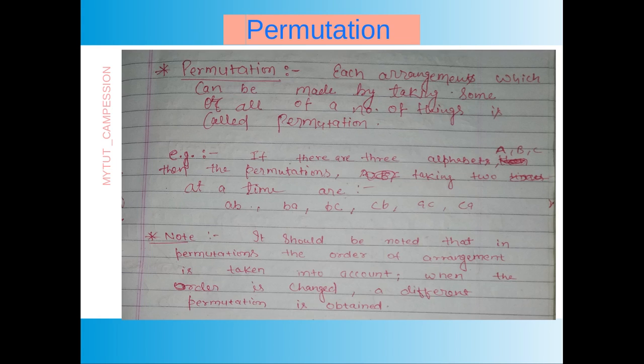Here are the arrangements: first I will take AB, then BA, then BC, CB, AC and CA. So 6 arrangements are possible.